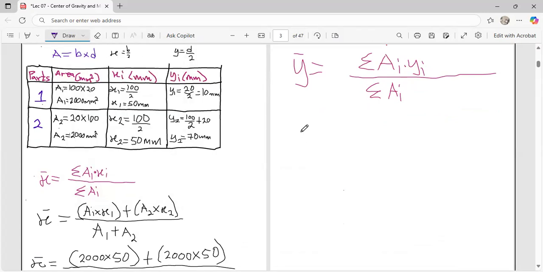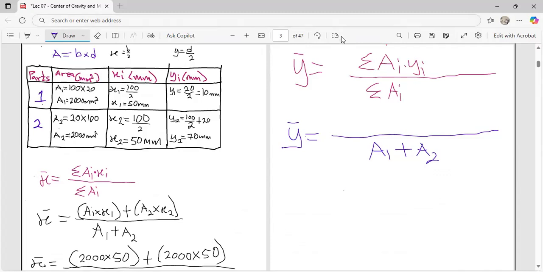Then from there you just move. This that I've written can also be expressed as A1 plus A2 at the denominator.